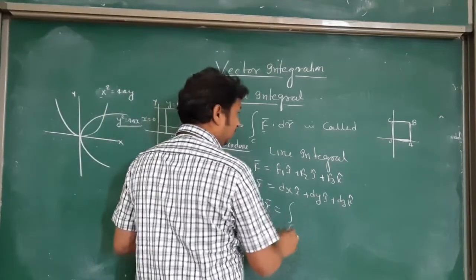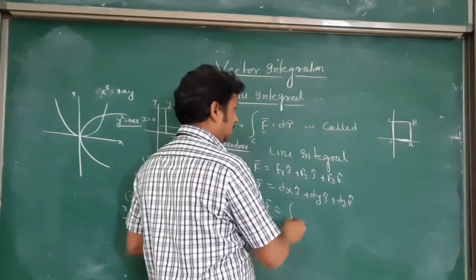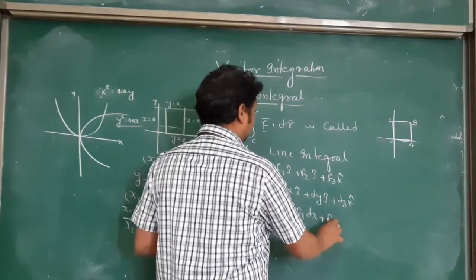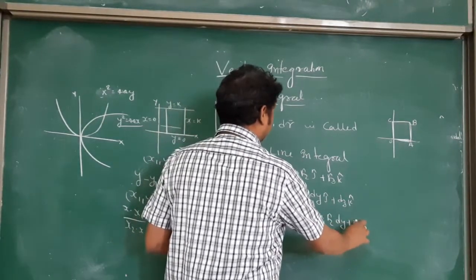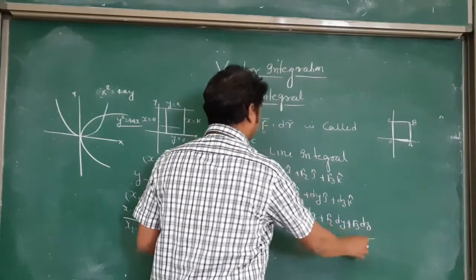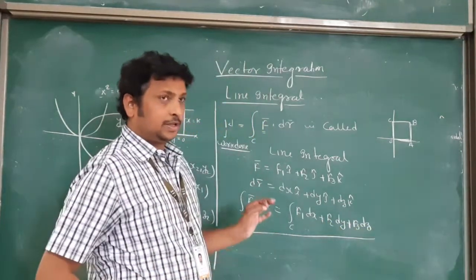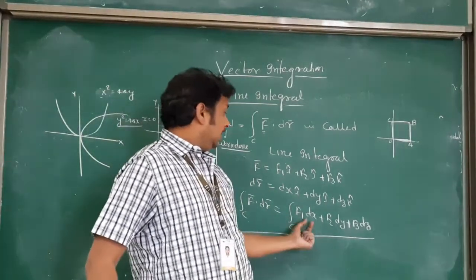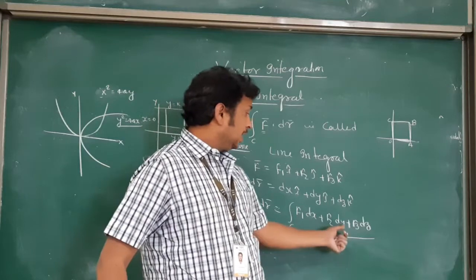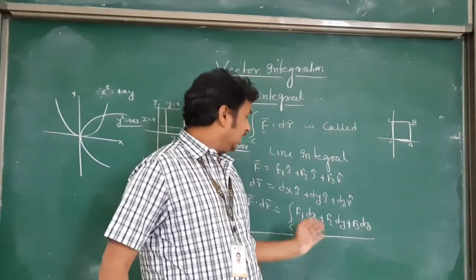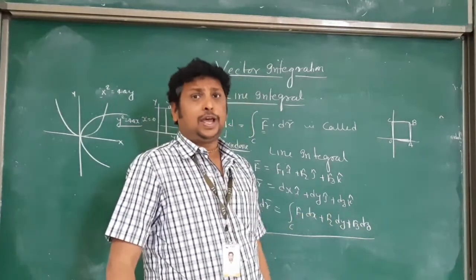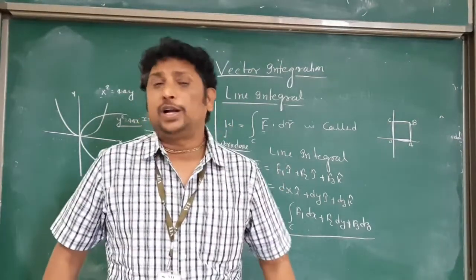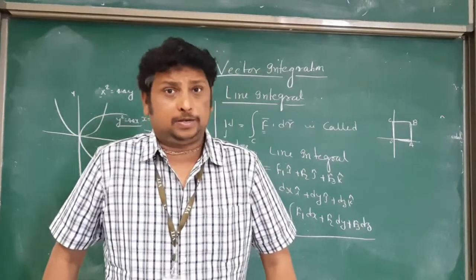It is f1 dx plus f2 dy plus f3 dz. This is the value of the integral. Now see, this integral contains dx, dy, dz, and definitely f1, f2, f3 are also functions of x, y, z. But for integration, we have to convert everything into one variable.